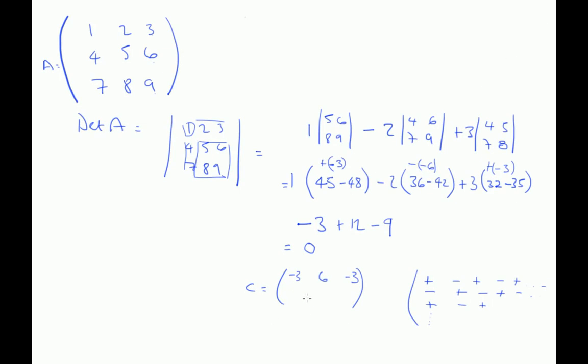So continuing through for the cofactors of this matrix A, we can see that this next row and column has a negative, so that's equal to minus, and then the minor of that is 2, 3, 8, 9.